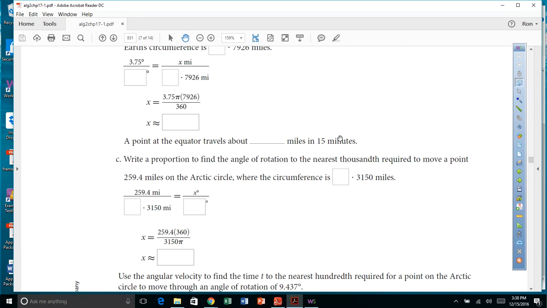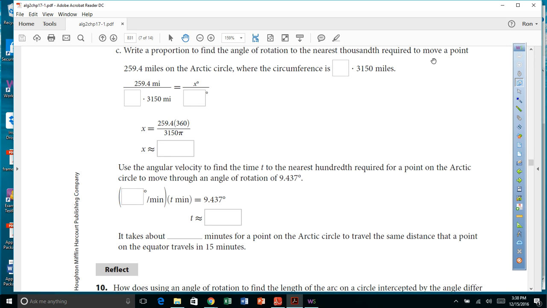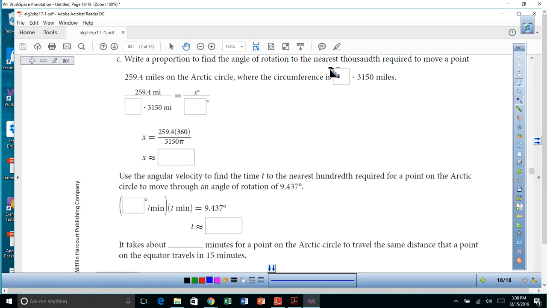Okay. Write a proportion to find the angle of rotation to the nearest thousandth required to move a point 259.4 miles on the Arctic Circle, where the circumference is pi times 3,150.